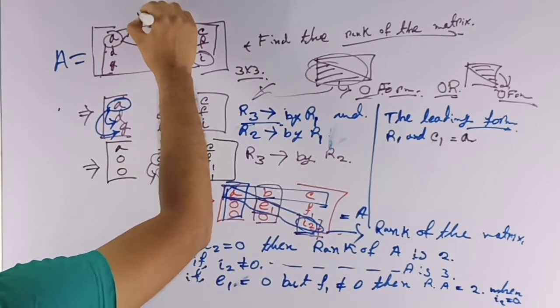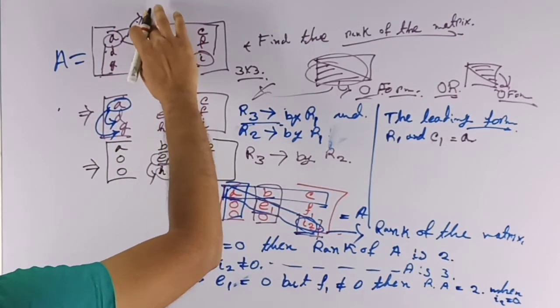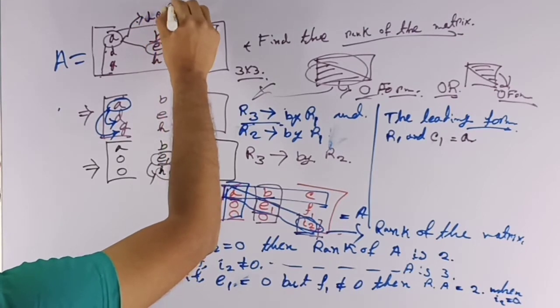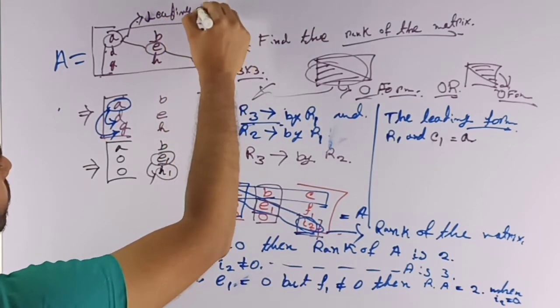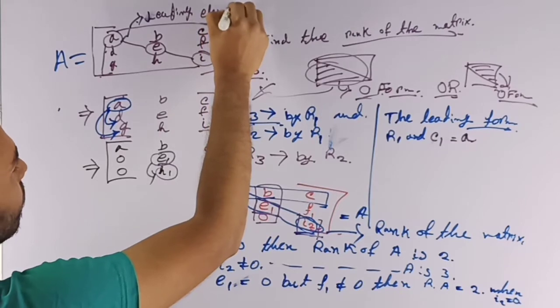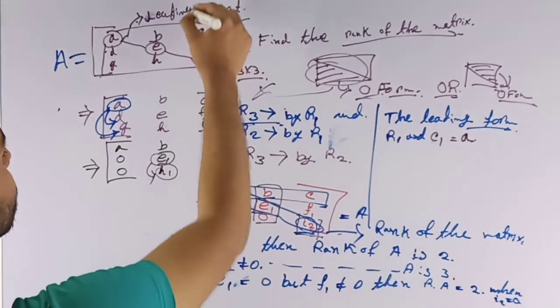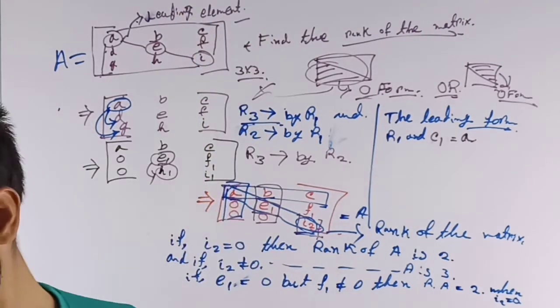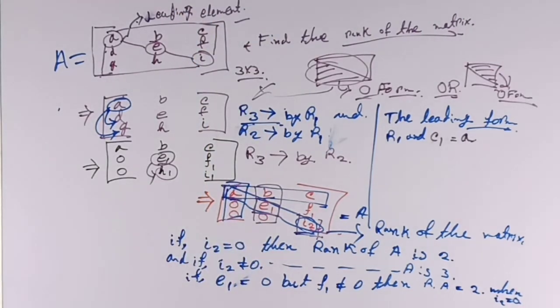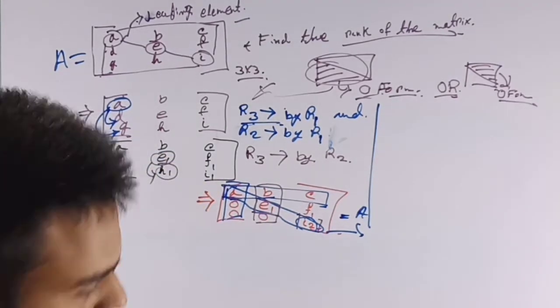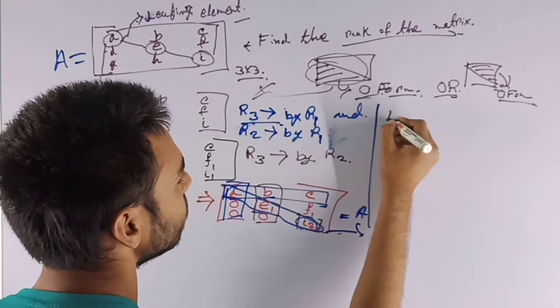The leading element a is non-zero. If a equals 0, then interchange rows or columns and take any row or column which has a non-zero element in the leading position. You can take a screenshot of this.